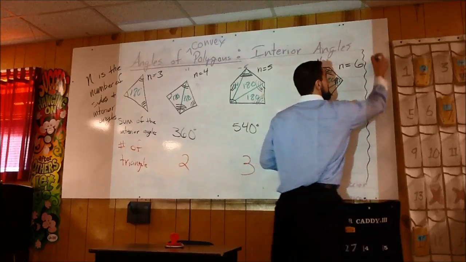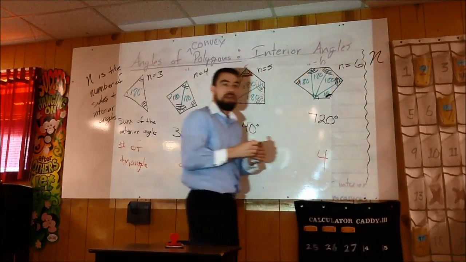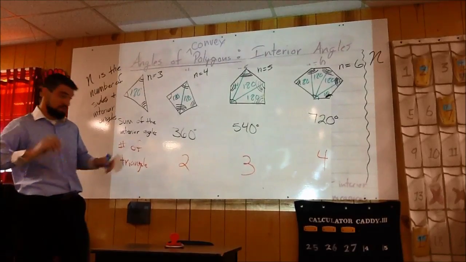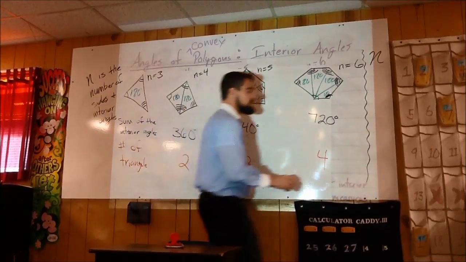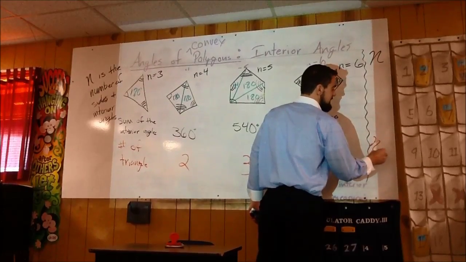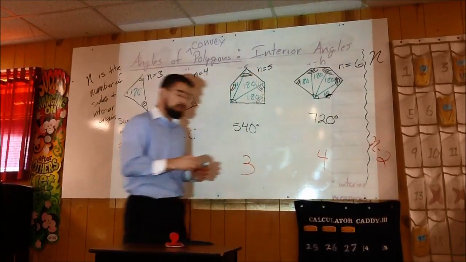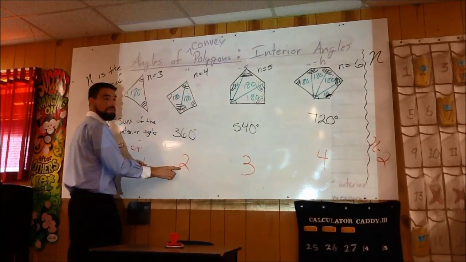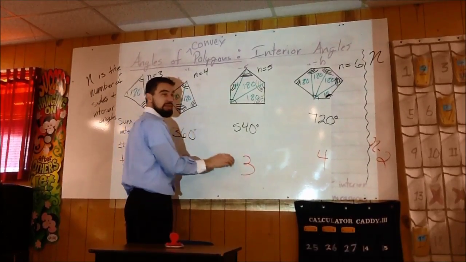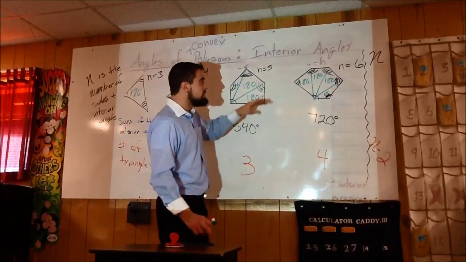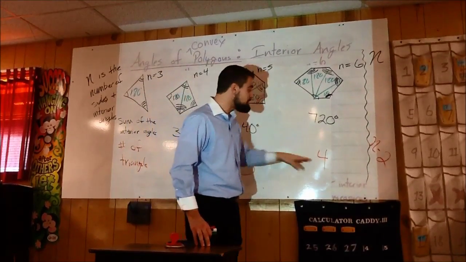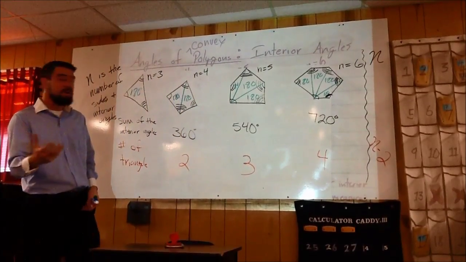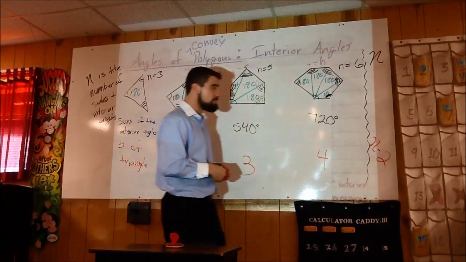If you had n sides, how would I figure out the number of triangles that fit in there? 2 less than the sides. So I would take the number of sides and subtract 2, and that tells me how many triangles fit in there. 3 sides, 1 triangle. 4 sides, 2 triangles. 5 sides, 3 triangles. We subtract 2 from the number of sides, and that's how many triangles can fit in there. Then we took that number and multiplied it by 180.